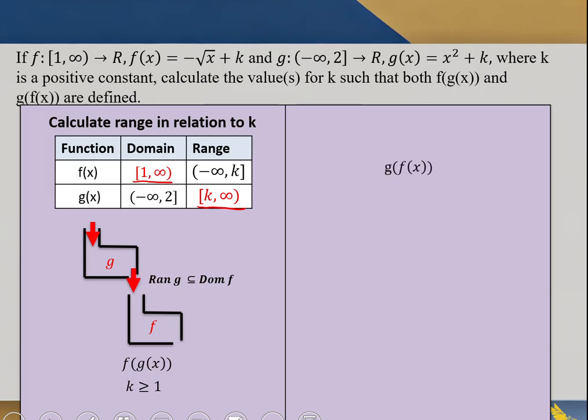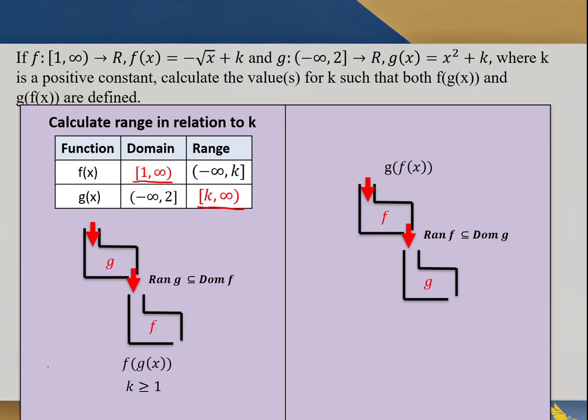If we look at that other rule, which we've got g f of x, so it's the other way around, which also means that we're looking at f first, so range of f must be a subset of the domain of g. So let's look at that. It says the range of f, so I'm going to circle this time, range of f must be a subset of the domain of g. So the highest part for g is 2.